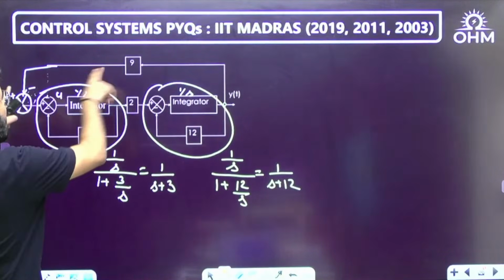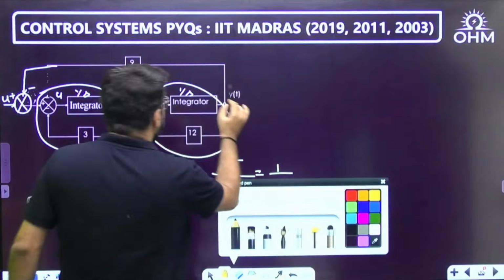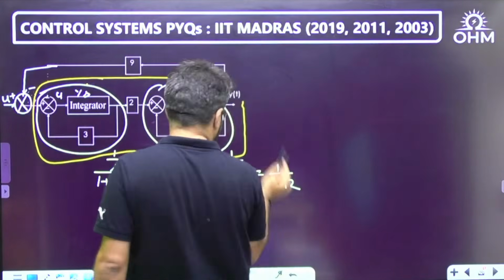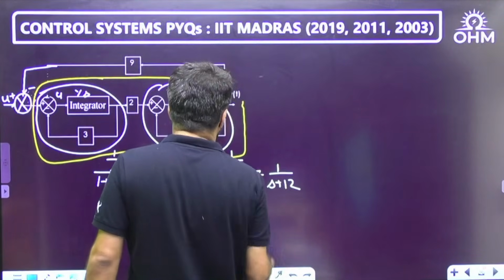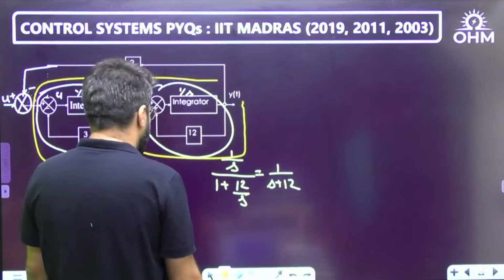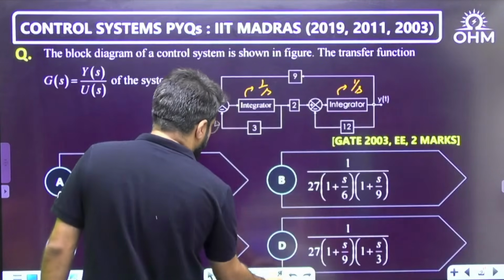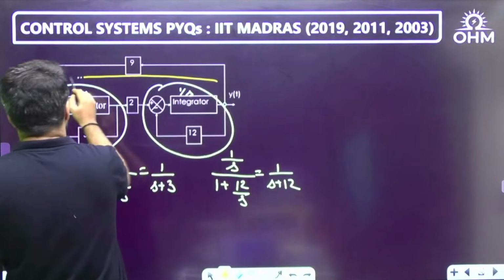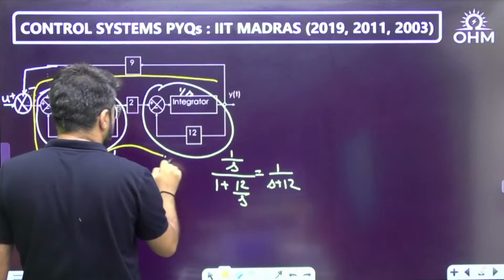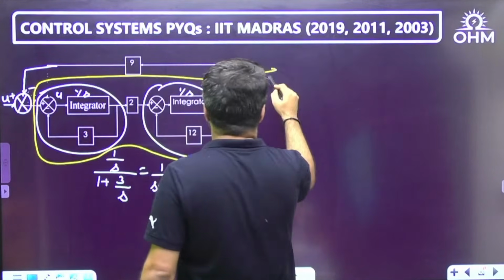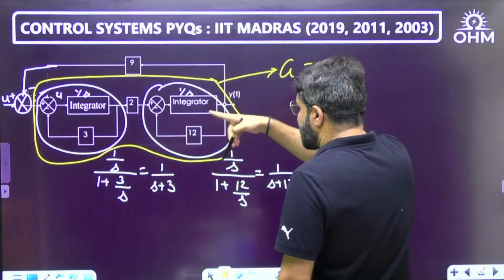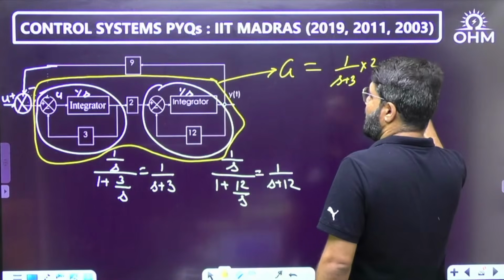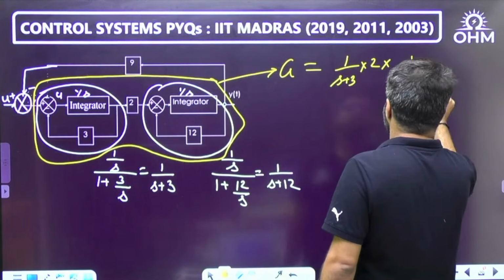So what is the overall forward path now? If I take this as my overall forward path G, that is the cascade of the first gain 1 upon s plus 3 multiplied by 2 and multiplied by 1 upon s plus 12.